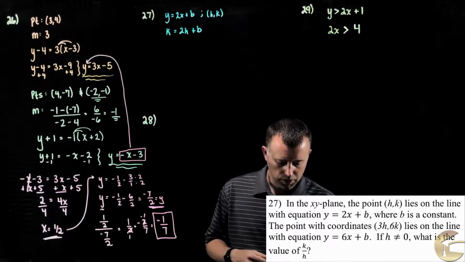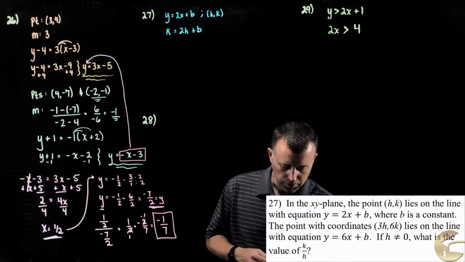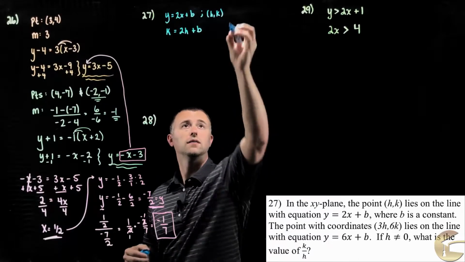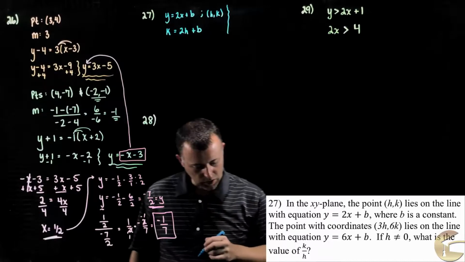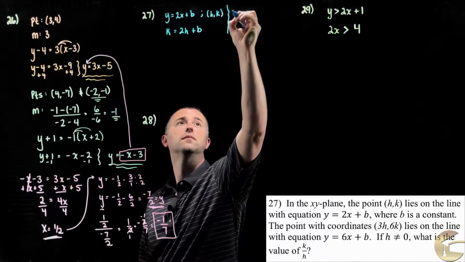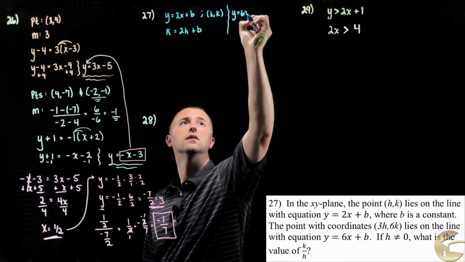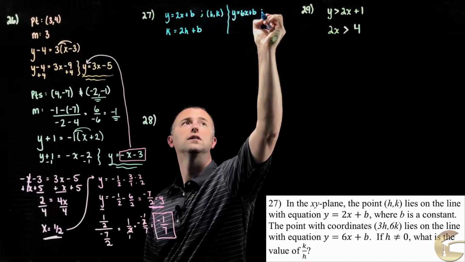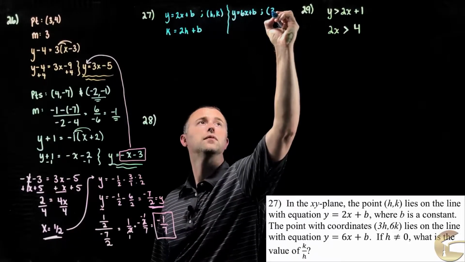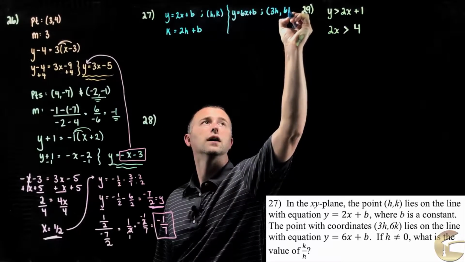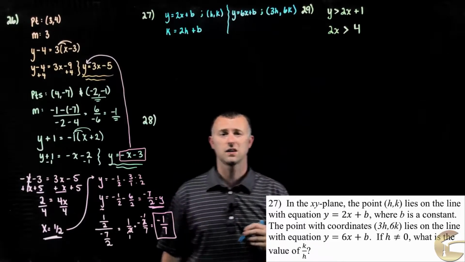The point with the coordinates 3h and 6k lies on the line with the following equation. So I have a second equation, which I'm going to write right next to this one, and that equation is y equals 6x plus b. This one contains the point 3h, 6k. I'm going to do the exact same thing here.